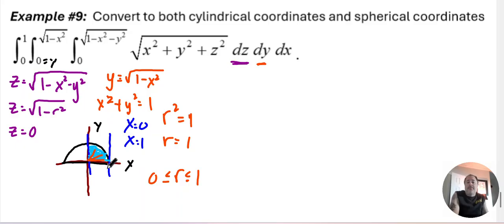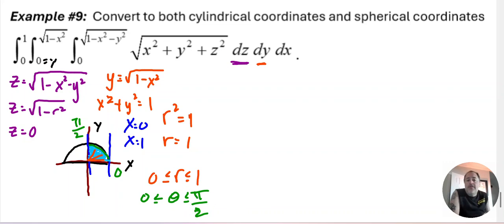And so the radius will have an upper bound of 1, and we'll have a lower bound of 0. And then the cool thing about theta, guys, is that theta is actually in both cylindrical and spherical coordinates. So when we find it here, we actually find it for both. We're going to look at the fact that theta starts at 0, and the curve goes all the way up to our positive y-axis, which is pi over 2. So we are now able to write this out because we have our bounds for our cylindrical coordinates.